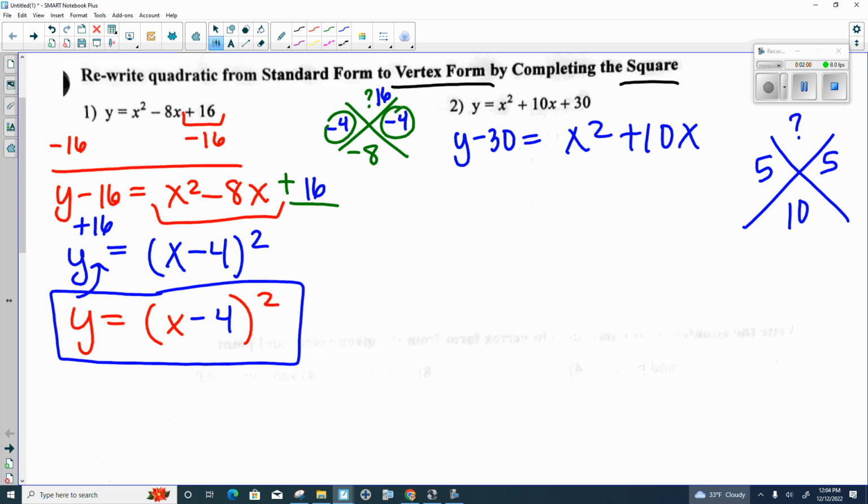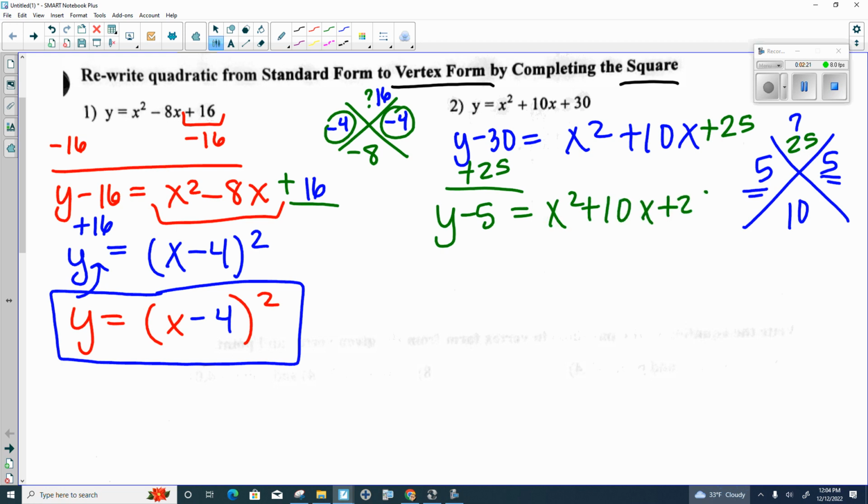So now that I have this 5, I can multiply them together. Okay, in order for this to be a perfect square trinomial, I have to have that plus 25. What I do to one side, I do to the other. Okay, so now I'm going to do that factoring.